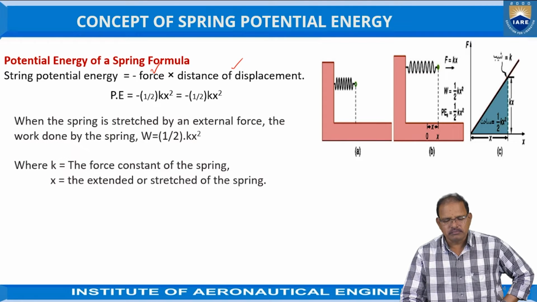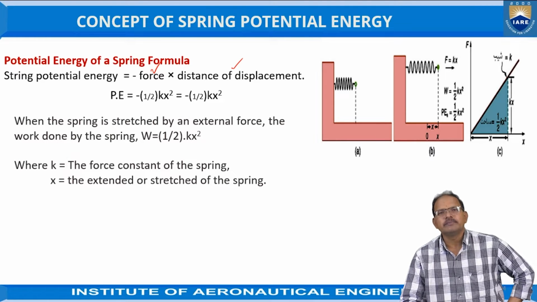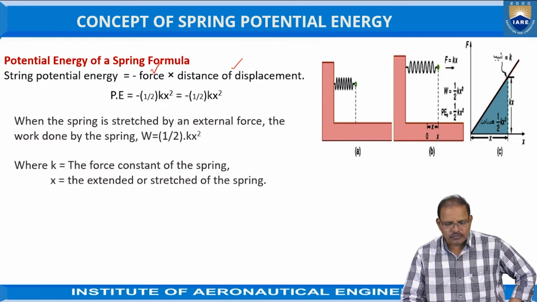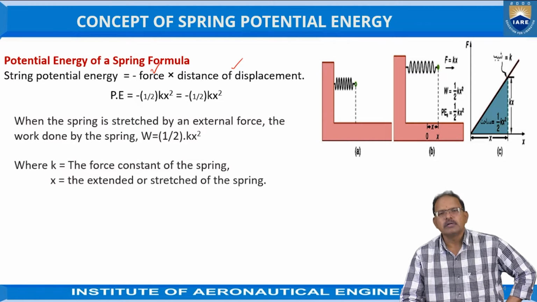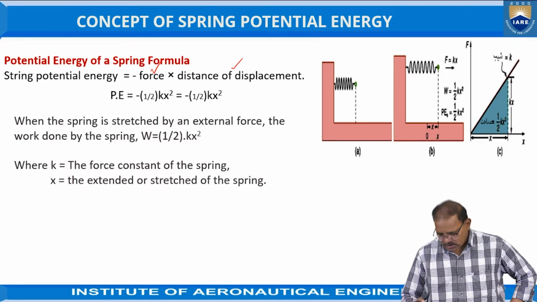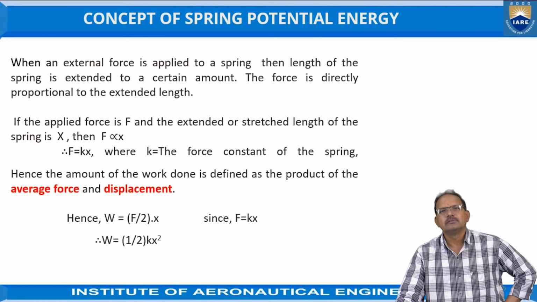When the spring is stretched by an external force, the work done by the spring is equal to W equal to 1 by 2 kx square, where k is the force constant of the spring. Sometimes it is also called the spring constant. x is the extension or stretched length of the spring. When an external force is applied on a spring, the length of the spring is extended by a certain amount.